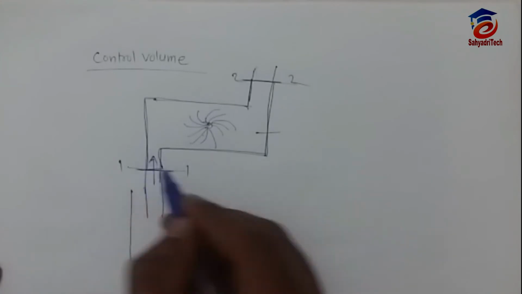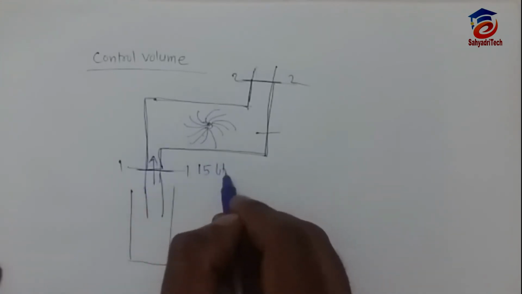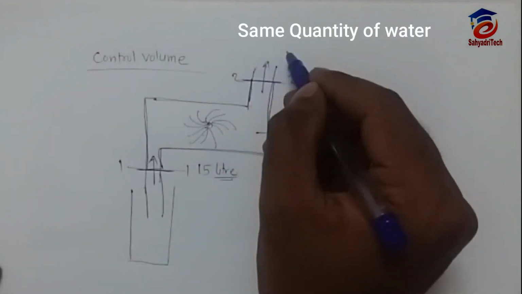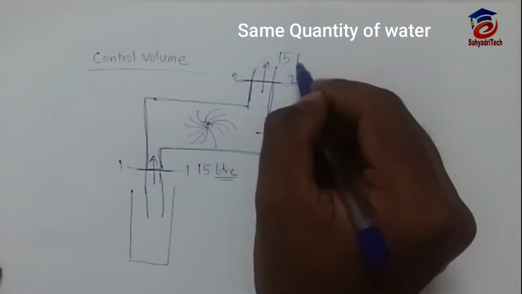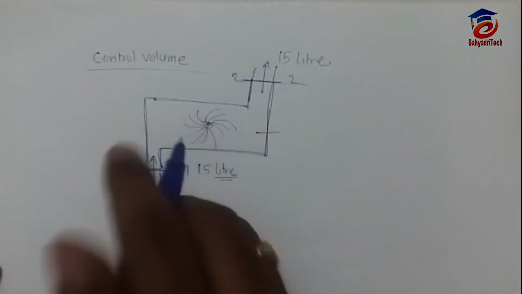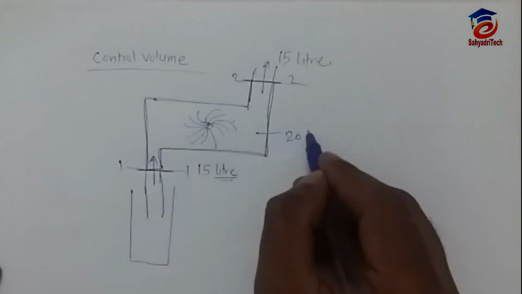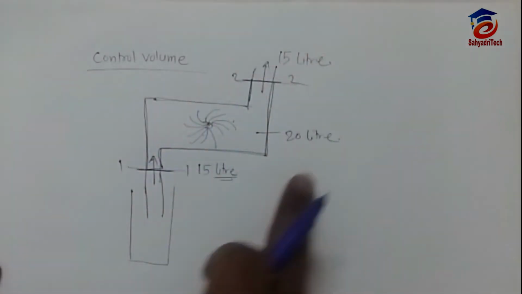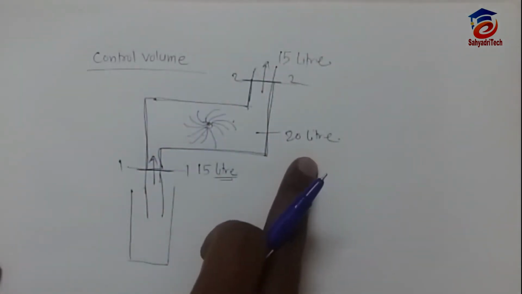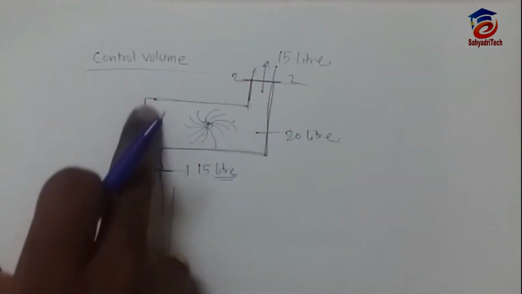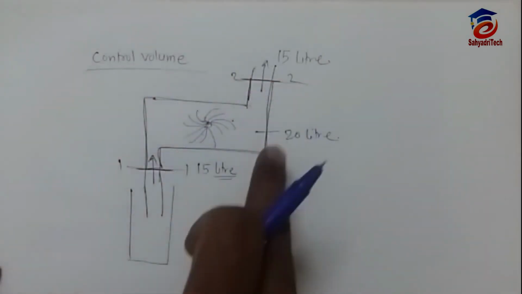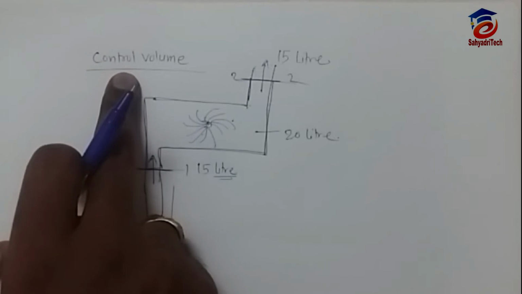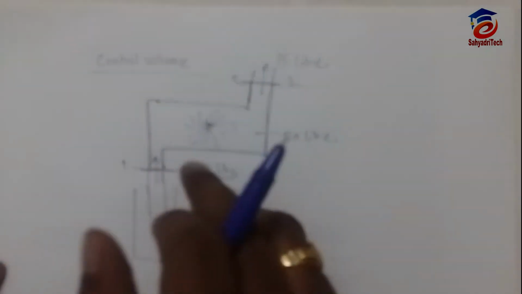Suppose the water coming inside is 15 liters, the same water will get displaced or delivered through section 2. Here the water inside is 20 liters. 15 liters is added, 15 liters is leaving, so the volume inside is always 20 liters. So this volume is the control volume. And which type of system is it? It is an open system.